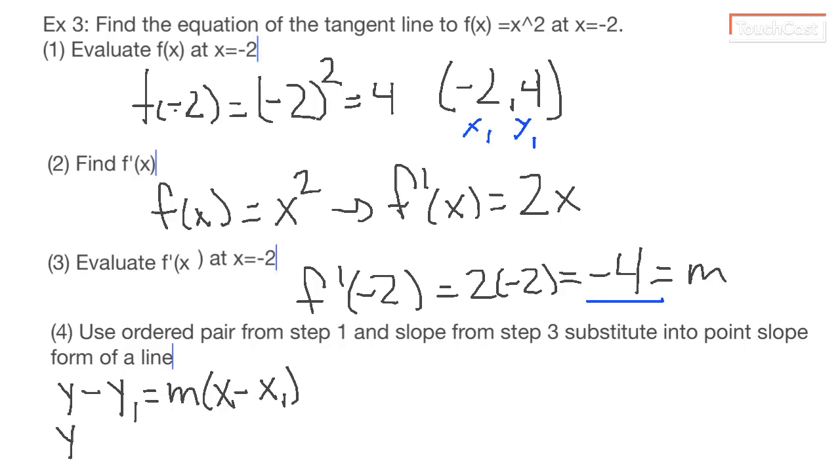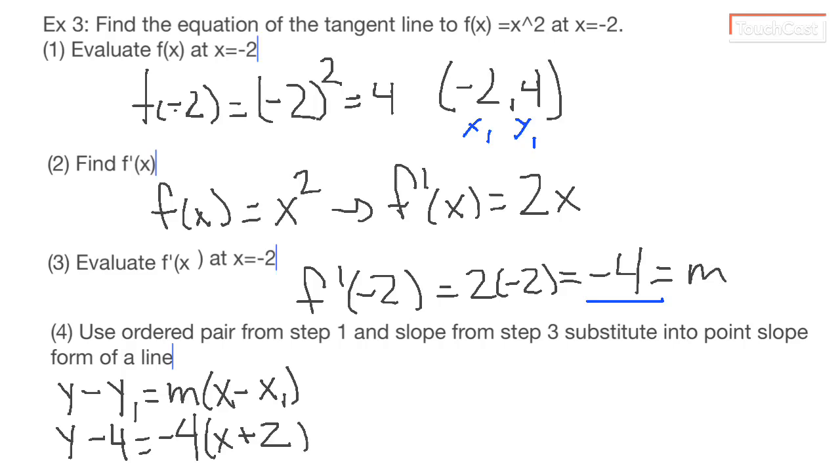We're going to have y minus 4 equals -4 times x minus -2. So instead of writing a minus -2, I'm just going to write plus 2.